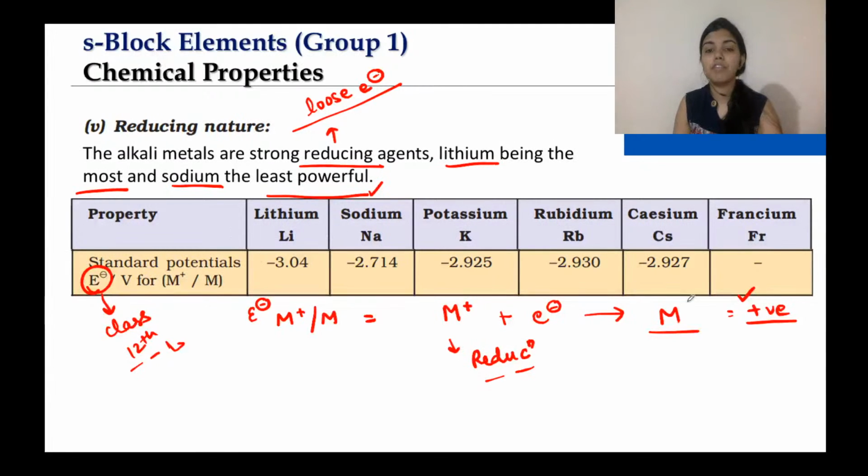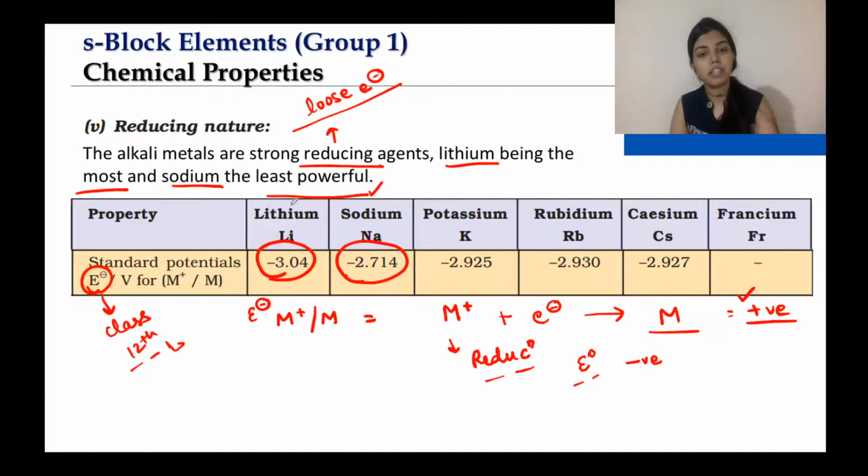The more negative the electrode potential, the less it wants to get reduced, and rather it will prefer oxidation of itself, right? For lithium, the highest negative value is there, that is minus 3.04, and for sodium it is the least, that is minus 2.7. Negative values indicate that they will oxidize themselves and reduce the other species.